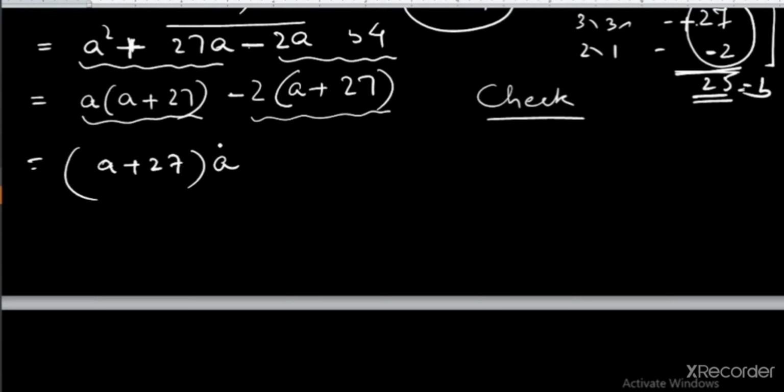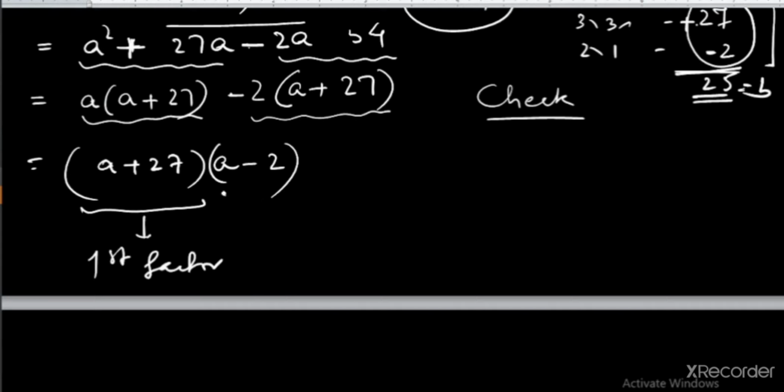So A is remaining, then minus is remaining, 2 is remaining. So these two are the factors. This is your first factor, and this one is the second factor of the given expression. So this is how you should find the factorization.